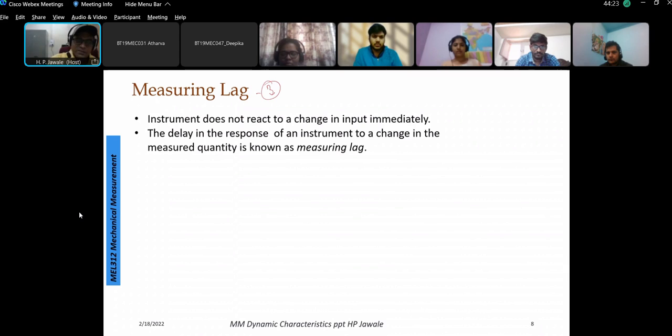From the definition, the instrument does not react to the change in the input immediately. The delay in the response of the instrument to a change in the measured quantity is known as measuring lag. So this is something we can assume similar to the threshold here.